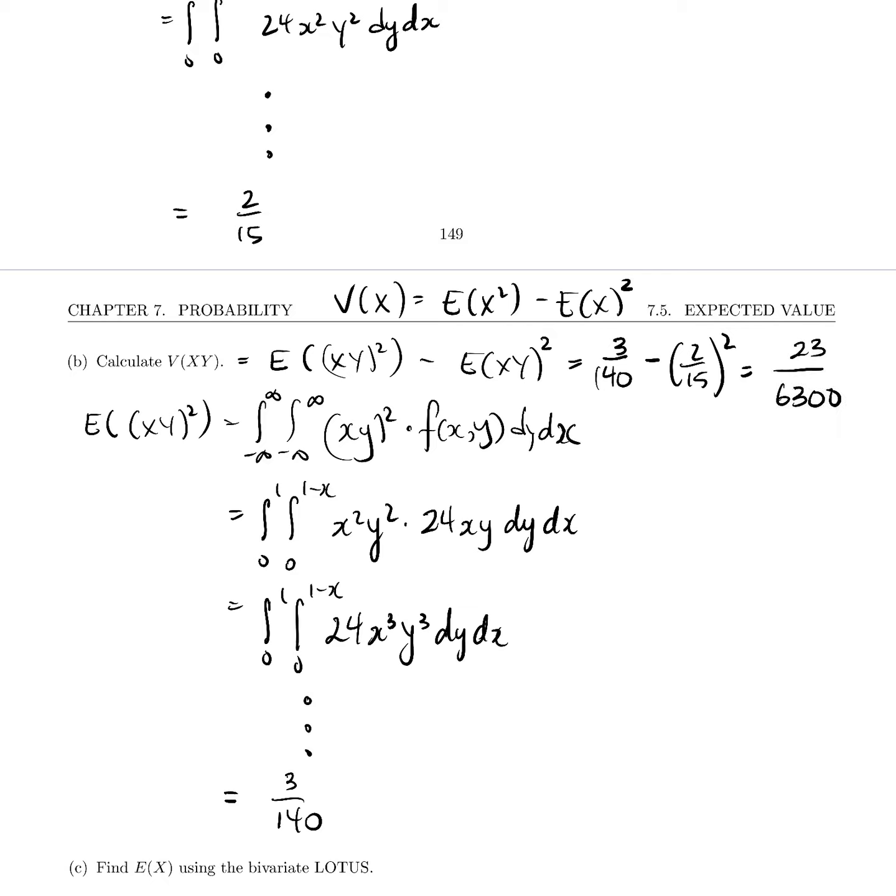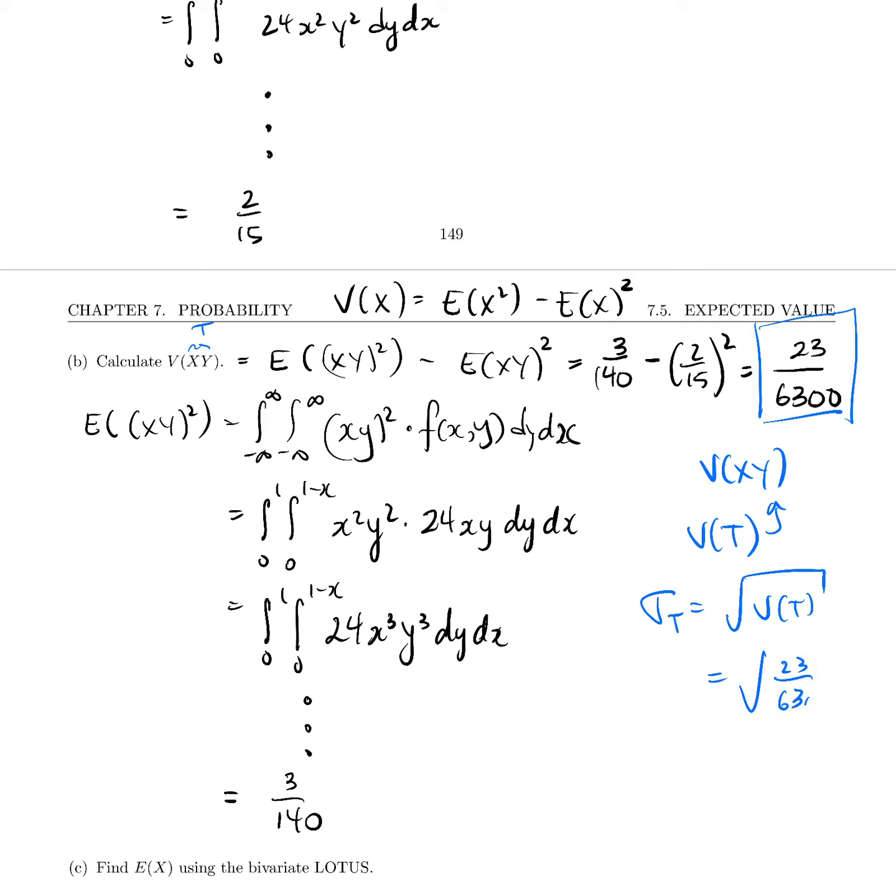So that is the variance of this xy. So what if we wanted the sigma? For example, we might say that this is another random variable T. This is V of T, which is V of xy. What if we wanted sigma of T? Well, that would just be the square root of the variance, which would be the square root of 23 over 6,300.